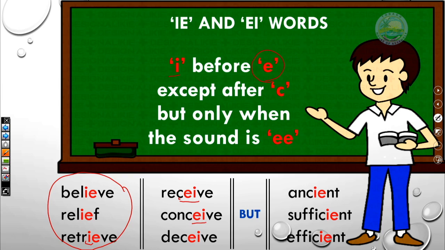But if the E isn't sounded, then it's the other way around. Meaning, it's now going to be I-E. So that is why in the word ancient, it is spelled A-N-C-I-E-N-T. The same thing applies to the word sufficient and efficient. There is no E sound.